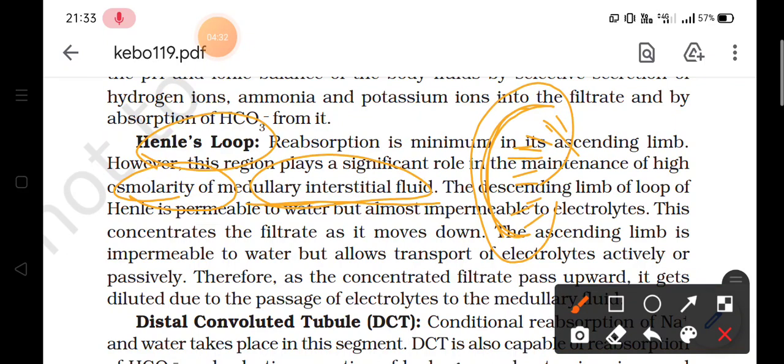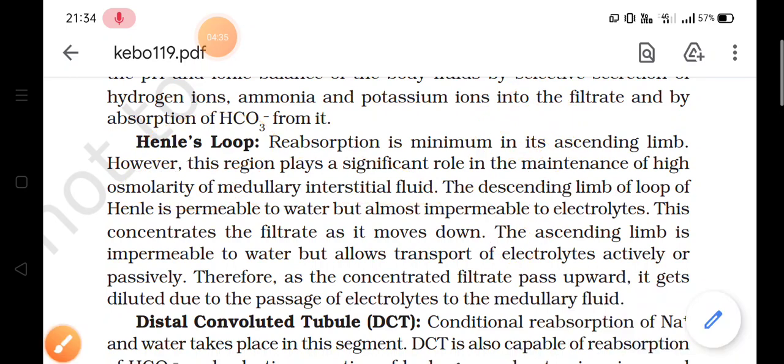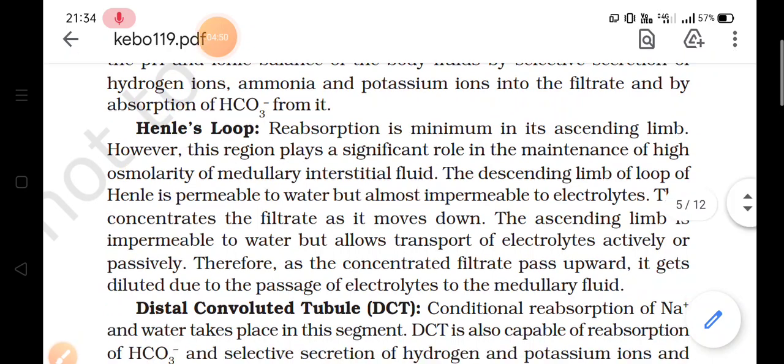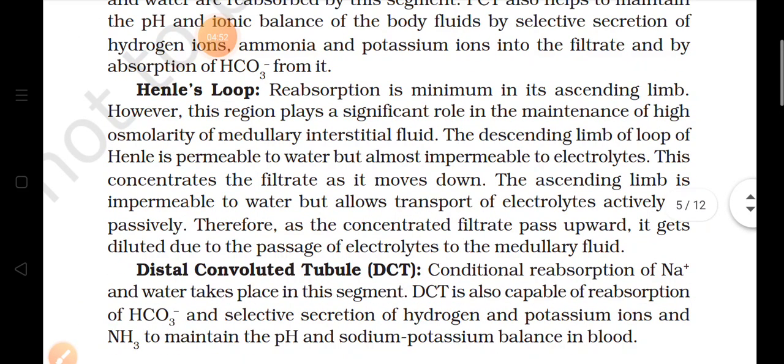So it will allow the water to move, but it will not allow the electrolytes, and in this way the filtrate, as it moves down, gets more concentrated. Why? Because water is coming out and the filtrate is becoming more and more concentrated. Whereas the ascending limb is impermeable to water, but it allows the electrolytes to pass actively and passively.